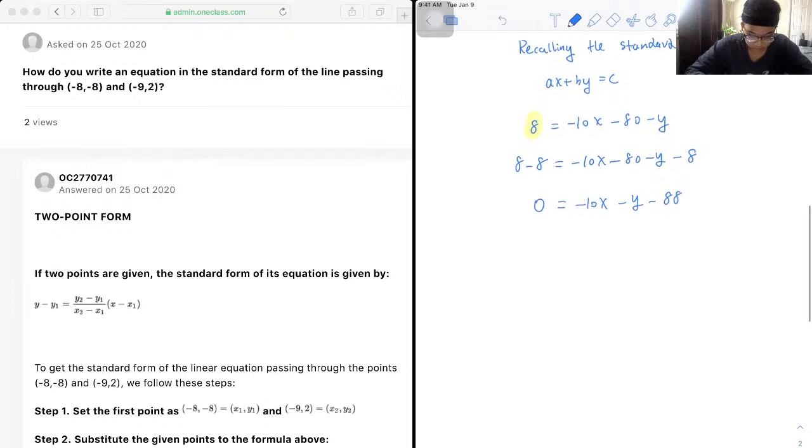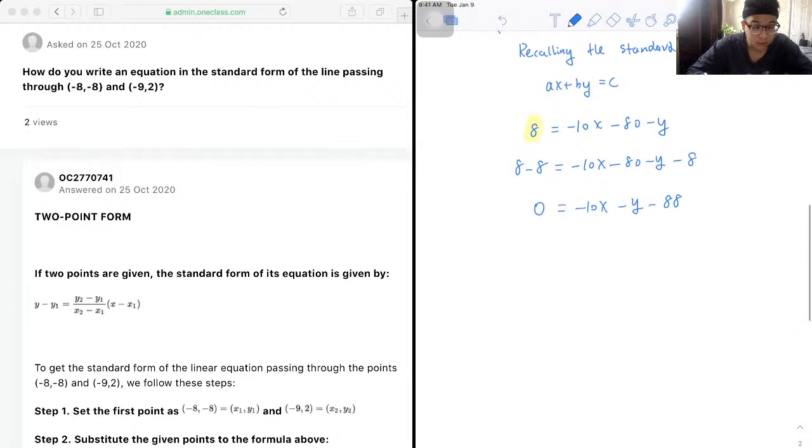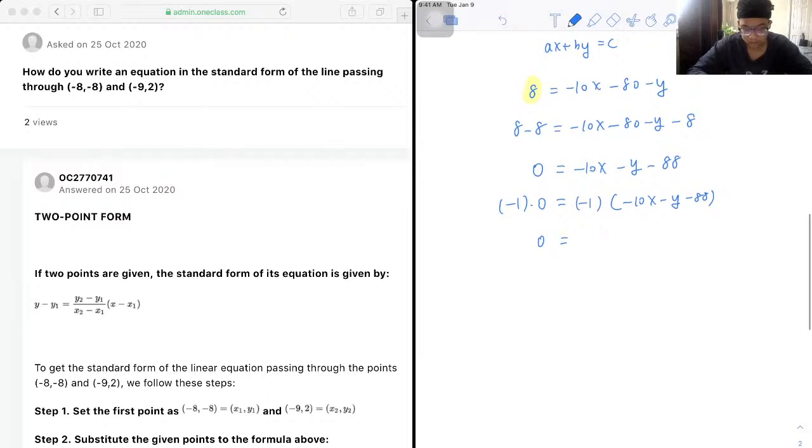Now let's multiply both sides of the equation by negative 1. So negative 1 times 0 is still 0, and negative 1 times negative 10x becomes 10x, negative 1 times negative y becomes y, and negative 1 times negative 88 becomes positive 88.